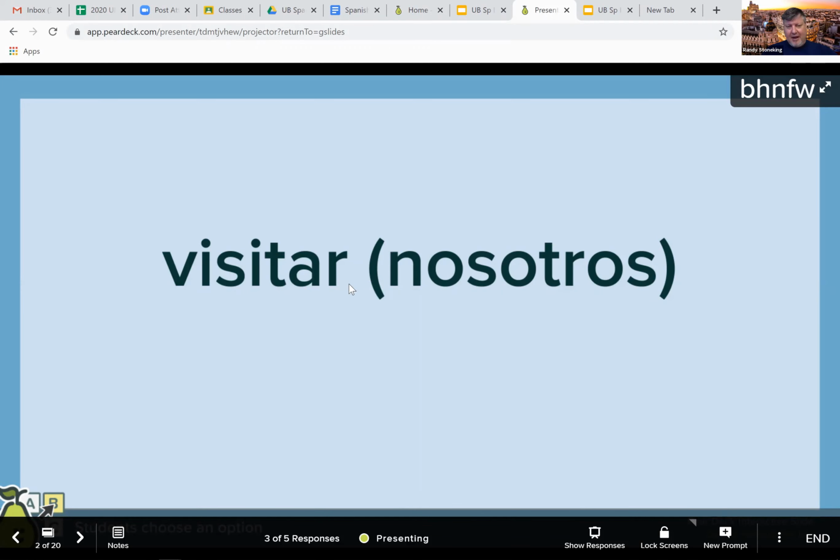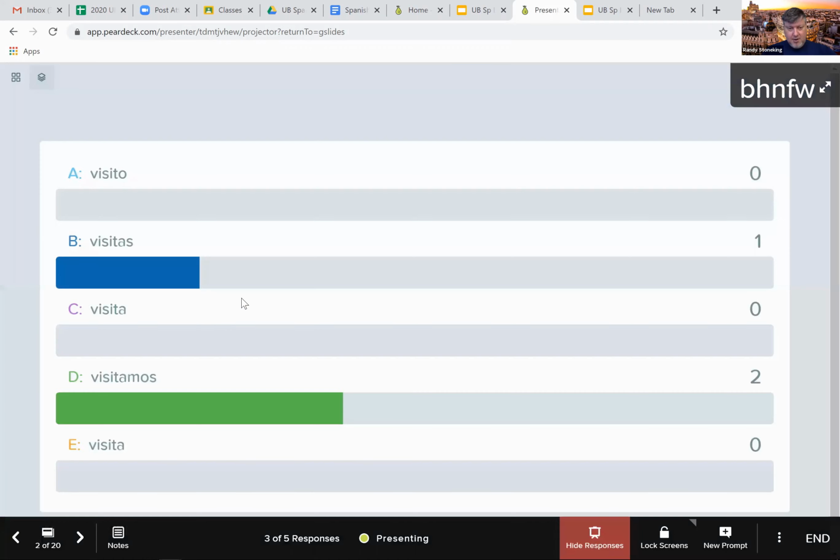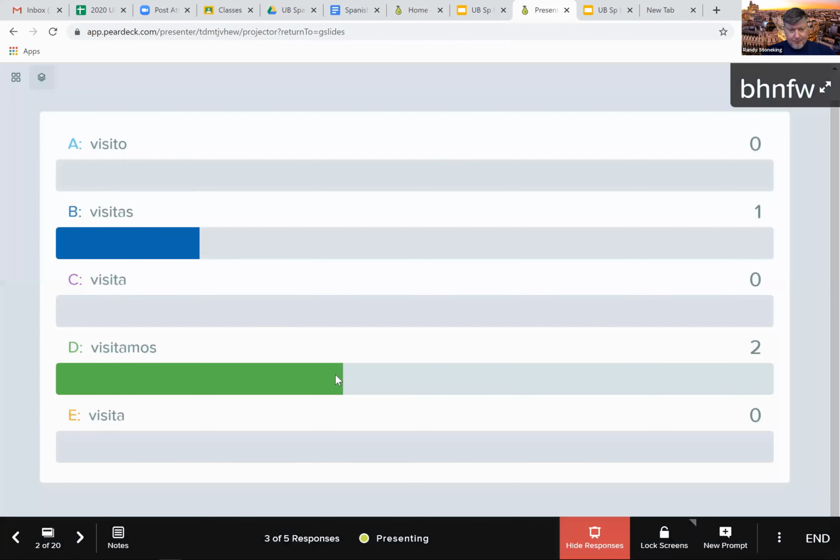Because if it's an IR verb, that would be visitimos or whatever. But for the most part, when it's nosotros, it's always going to be an AMOS or an IMOS or something like that. So nosotros visitamos. Again, we don't have to worry about what the word means yet. We're just trying to match the endings up.